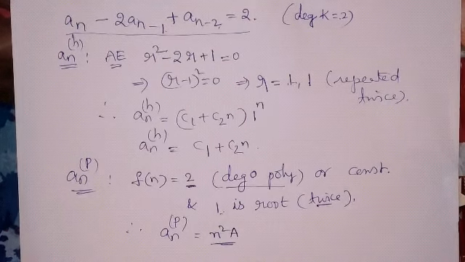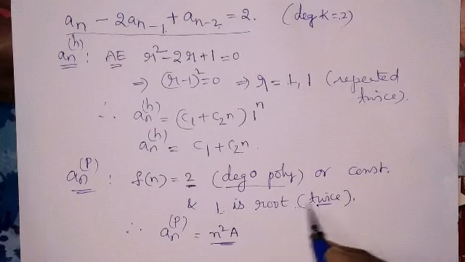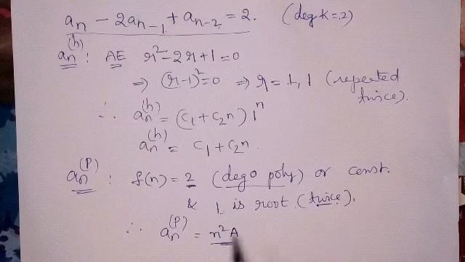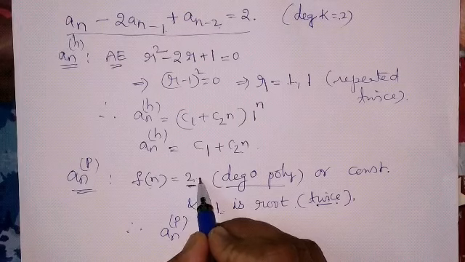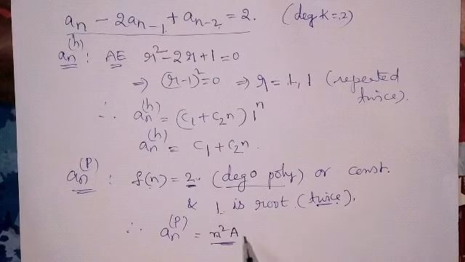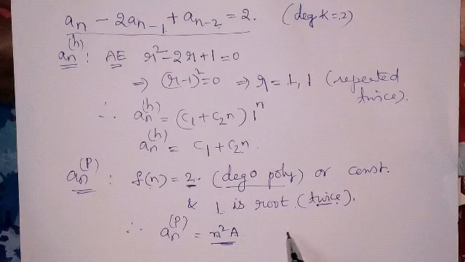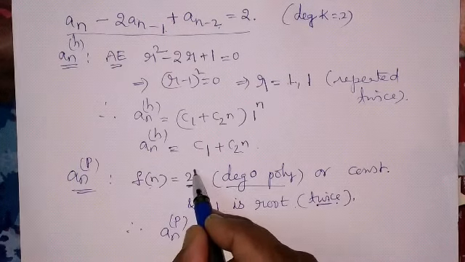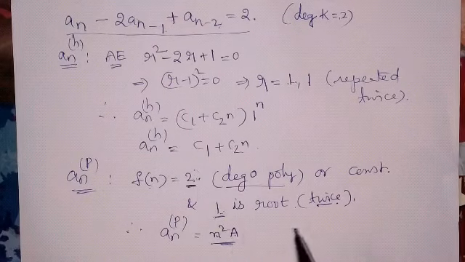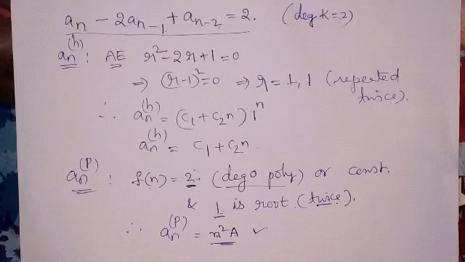This is the guess of the required particular solution. Suppose 1 is a root only one time, then we would have taken only n instead of n square. Or else if f of n is a degree 1 polynomial, then we would have taken a naught plus a1 n instead of this a. So based on the given function, if a polynomial is given, we check whether 1 is a root and how many times a root. Accordingly, we have the guess of the particular solution.